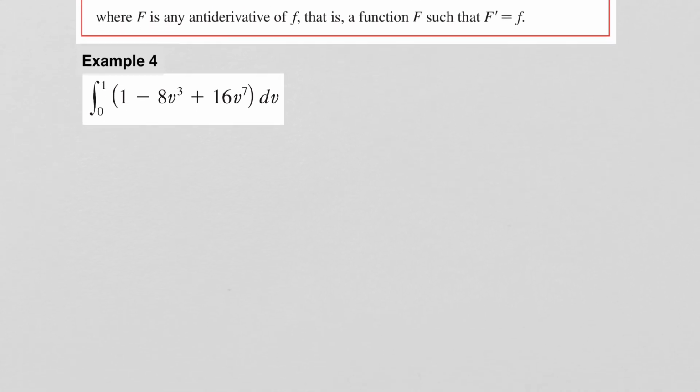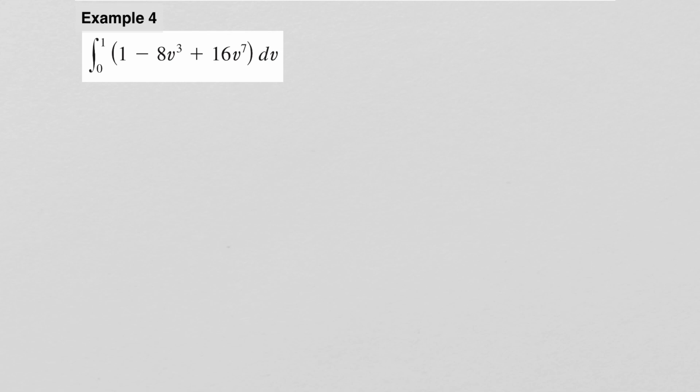So let's see how this works with example 4. If I want to find the integral from 0 to 1 of 1 minus 8v to the third plus 16v to the seventh, the first thing I need to do here is find the antiderivative of this function. So let's go through that. The antiderivative of the number 1 is simply the variable of integration.